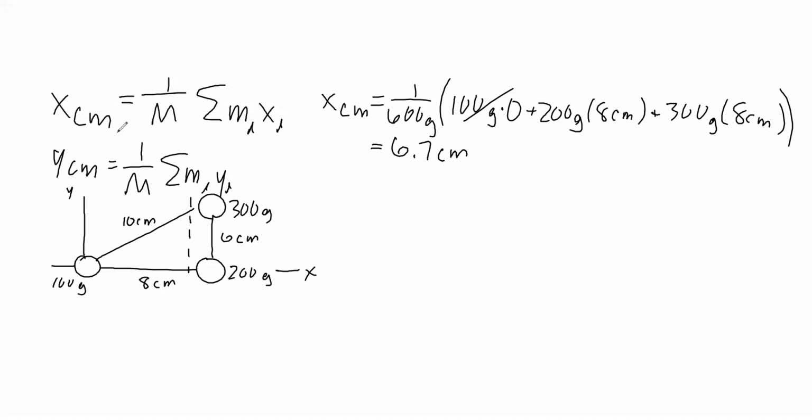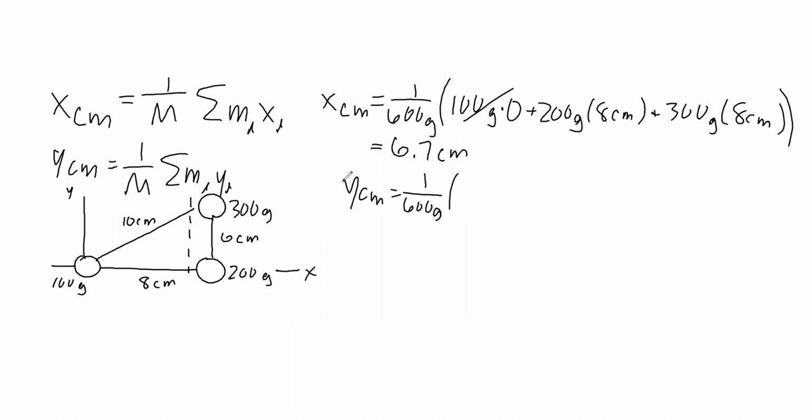Same calculation. Easier numbers, actually, because the 200 gram mass now also has a 0 factor to it. So calculating the y center of mass, it's just 1 over 600 grams.